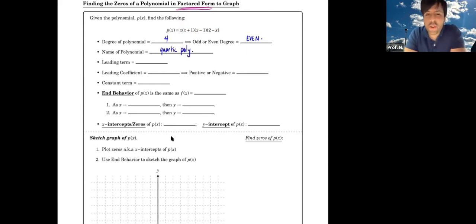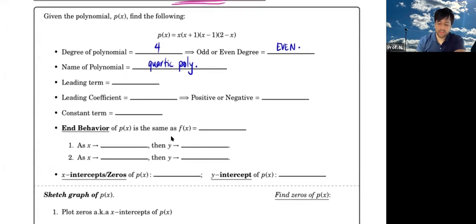Now, what's the leading term? There's also a little tricky one here. Does anybody have a good idea? So you have to be careful with this.